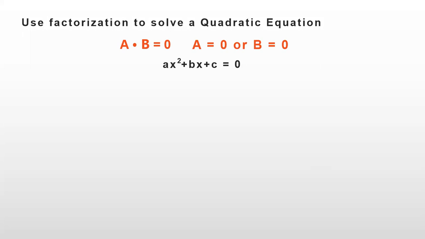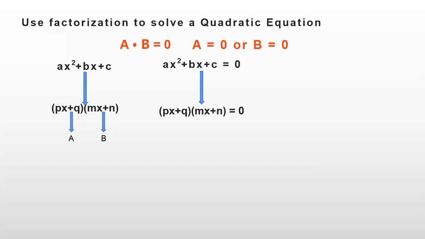So if we can turn something like ax squared plus bx plus c into something like (px plus q) times (mx plus n), in which if you use FOIL on it, you get pmx squared plus mqx plus pnx plus qn, you'll be able to define px plus q as a, and mx plus n as b. Therefore, if we come back to the original standard form equation, ax squared plus bx plus c equals 0, we can turn it into something that looks like this: px plus q times mx plus n is 0.